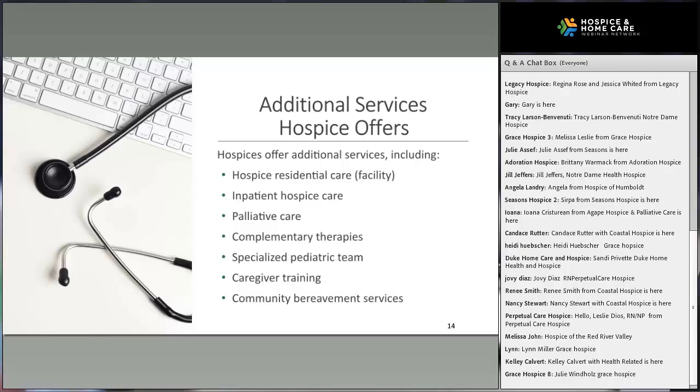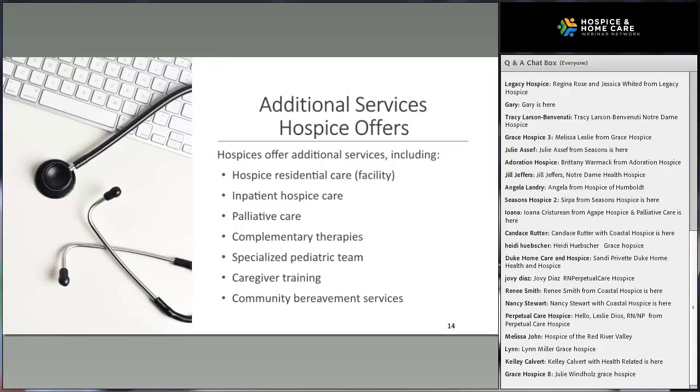So that's an additional type of service, and actually that's been a little bit more on the rise, creating a residential care or inpatient hospice care unit. Some hospices offer palliative care. Some have complementary therapies. We're talking music therapy, massage therapy, a variety of things.